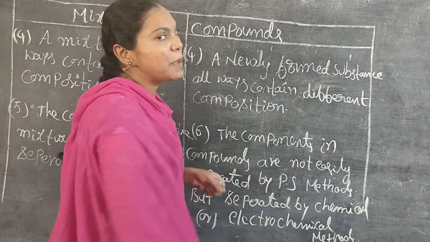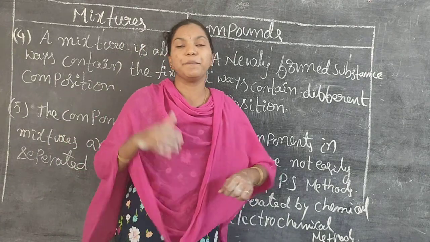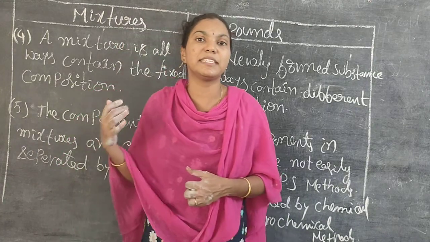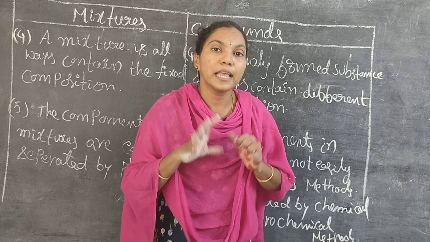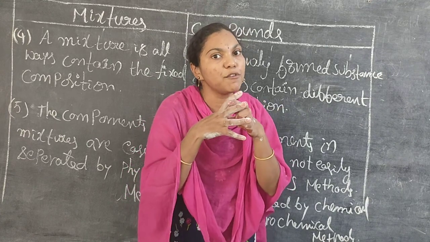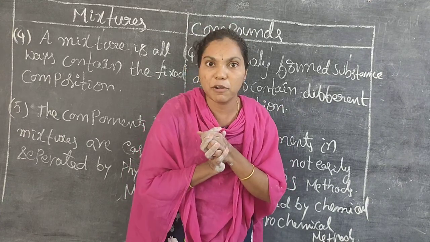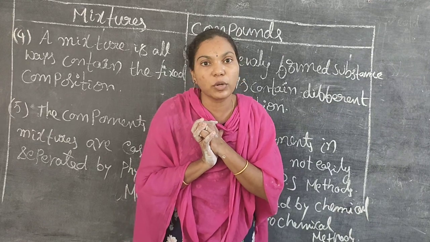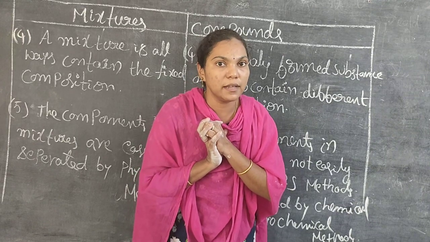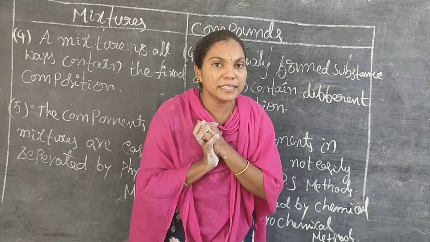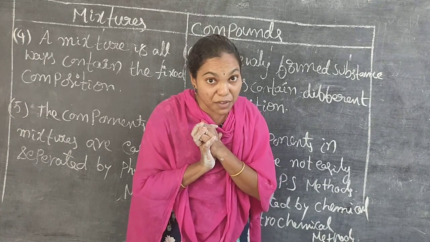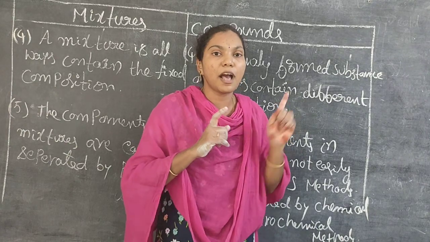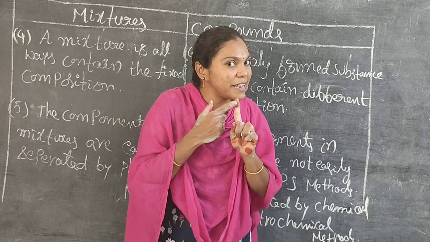Again, I repeat the 5 points in 5 seconds only. So, what is the first point? Mixtures are nothing but components just mixed together to form the mixtures. But a compound means the components react together to form the compound. In mixtures, there is no new substance formed, the second point. But in compounds, always a new substance is formed.